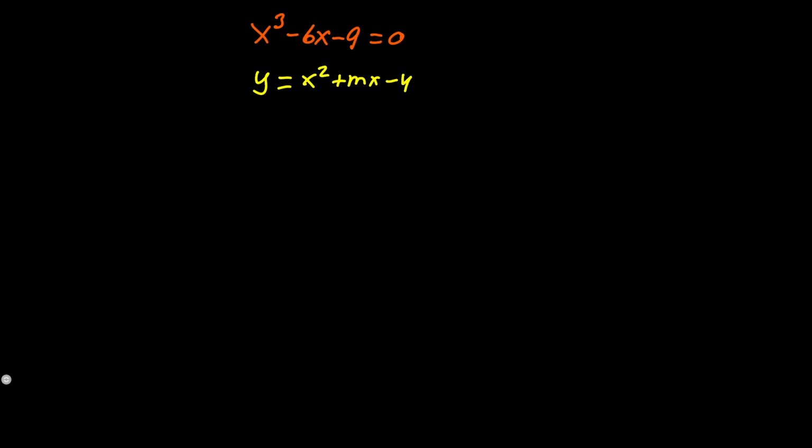And after finding the resultant of our two polynomials, we see that we have our cubic in terms of y. So the cubic we're going to get is simply y cubed plus negative 27m and minus 6m squared minus 12y.